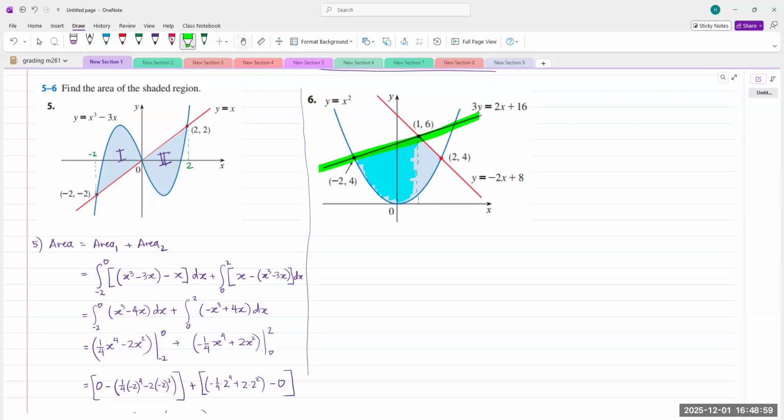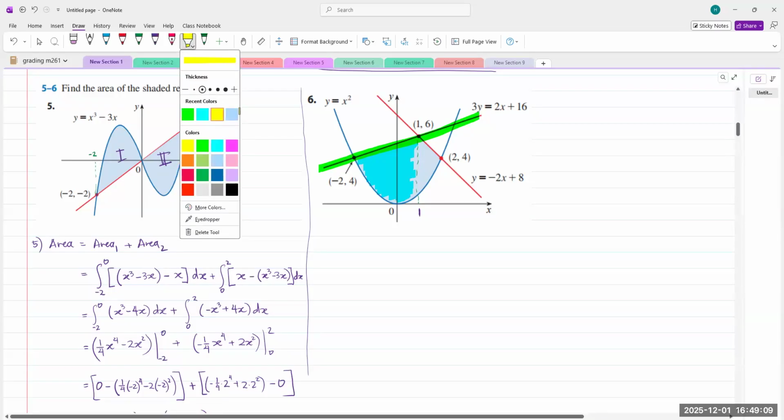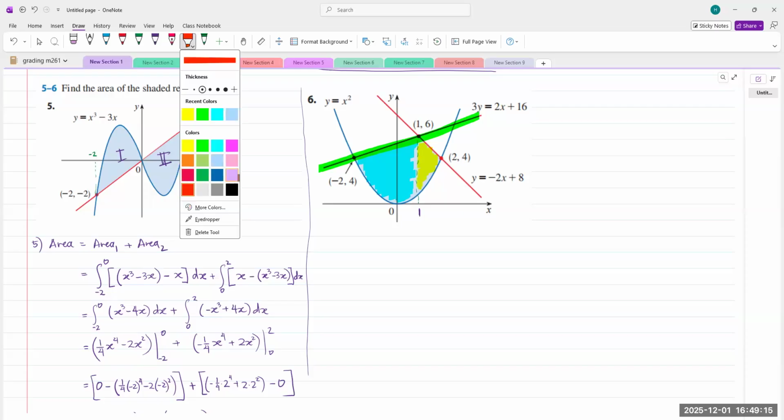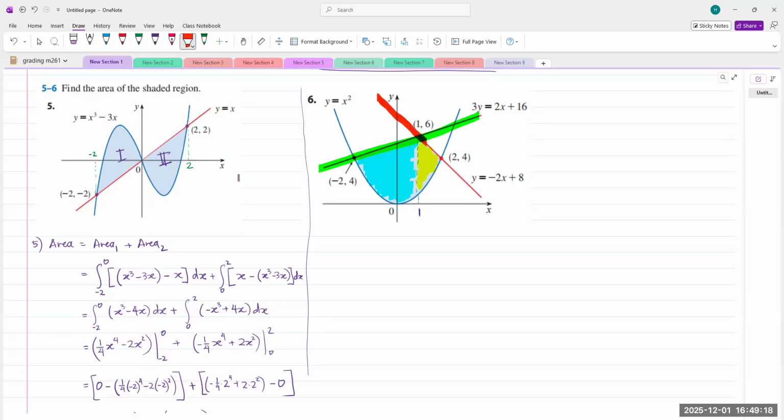Now, to the right of x equals 1, we have this region here, whose upper bound is actually this red line. Okay? So let's call this region 1 and region 2.